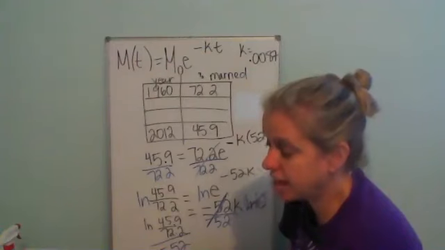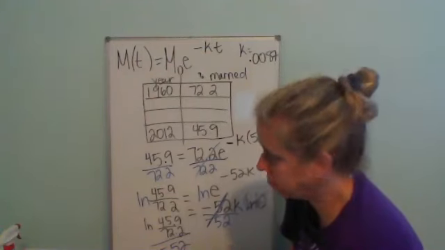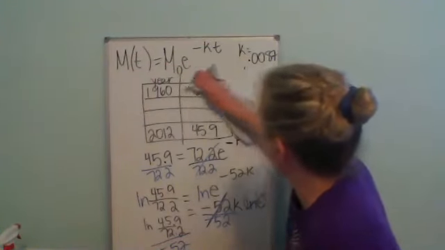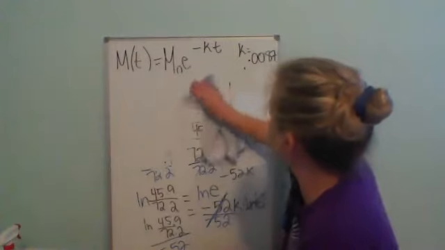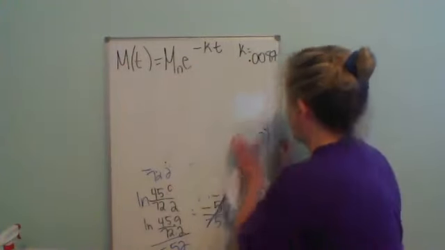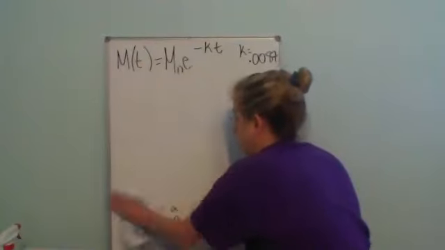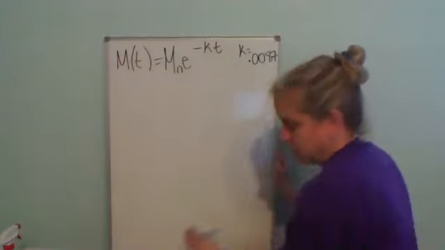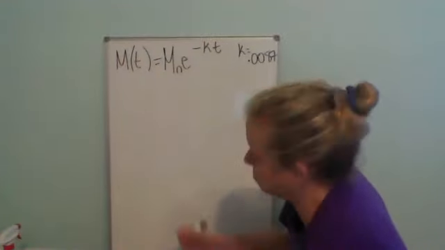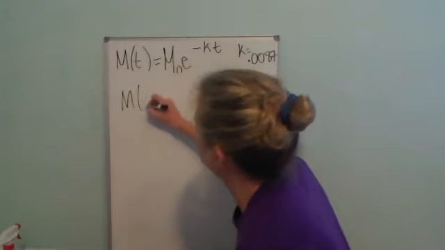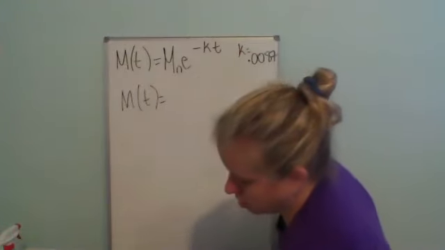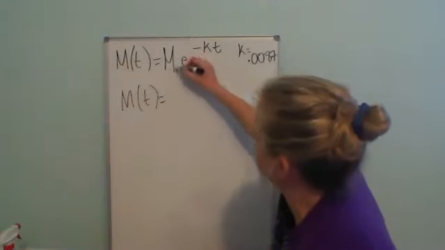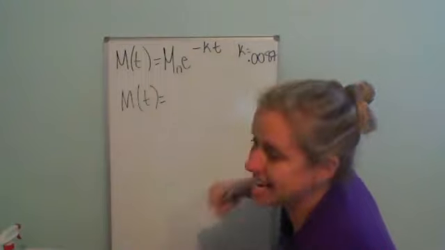I'm still in the A part of this problem. I think I can erase this now. So now that I know the K is 0.0087, I can write in what the formula is going to be for the second part of this problem. It says M of T equals, the blank there. What's going to go in place of this? That's always your beginning amount.